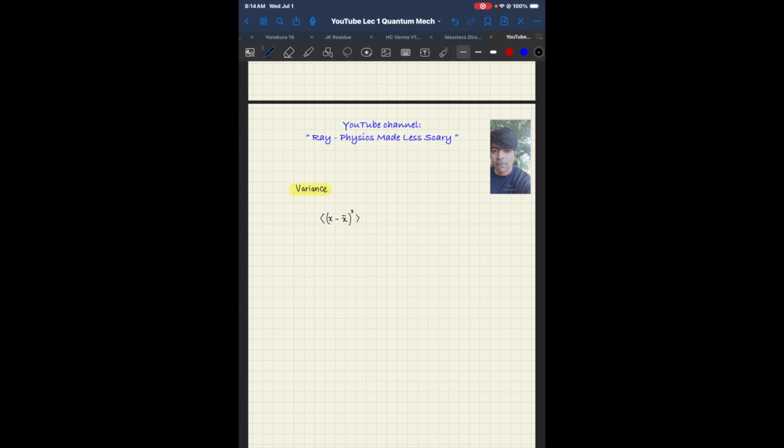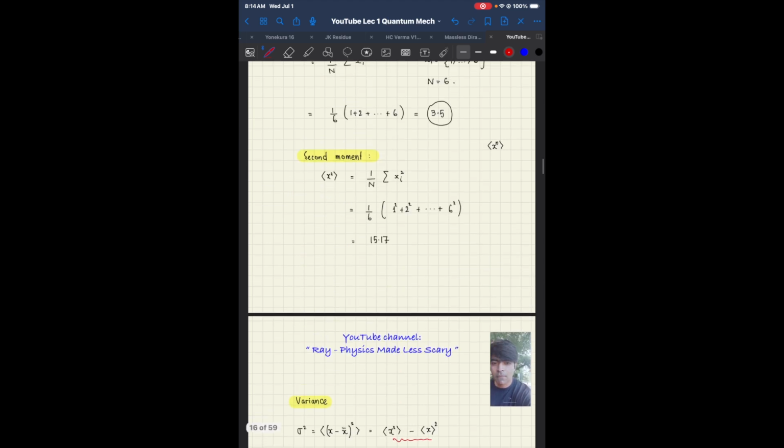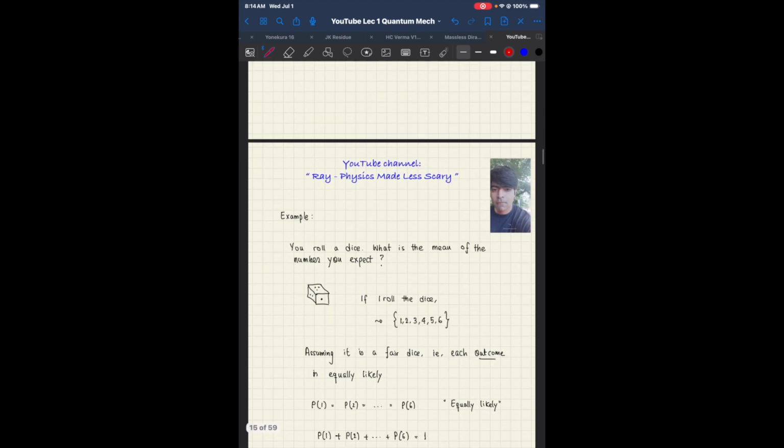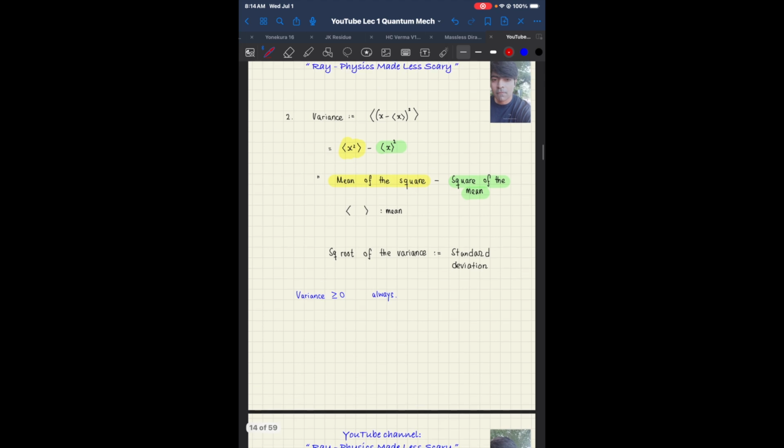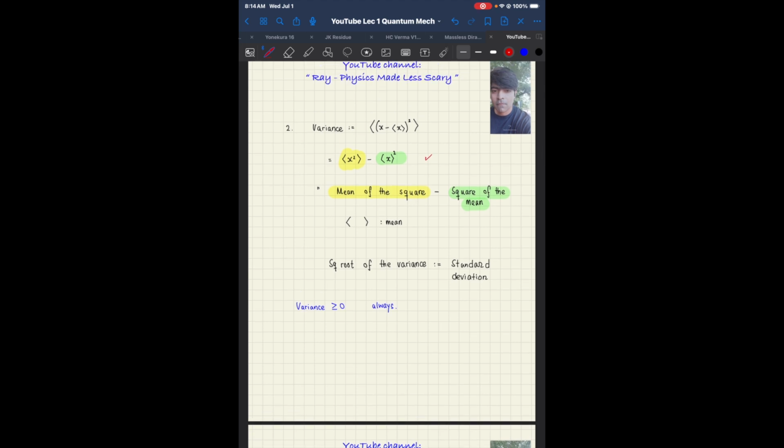This is the definition of variance, sigma square. It's just a one line computation to show that this is actually, say it with me, the expectation value of the square, or the mean of the square, same thing, minus the square of the mean, right? We derived this formula here. It's this formula that I'm talking about.